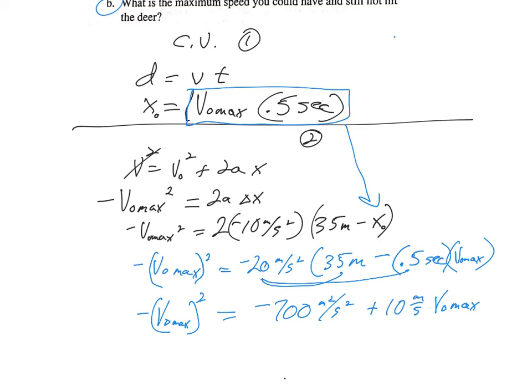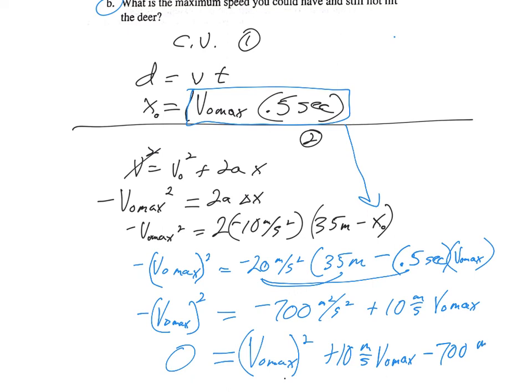Let me look at my notes here. This would turn into VO max. I moved it to the other side. 0 equals VO max squared plus 10 meters per second times VO max minus 700 meters squared per seconds squared.